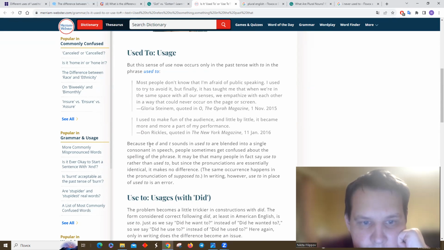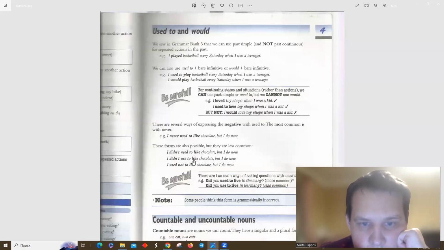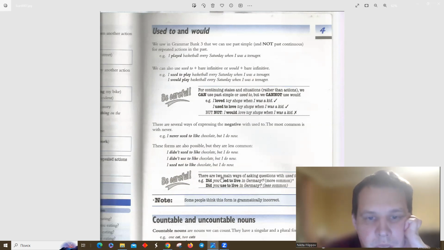And people are saying that the vowel and consonants of this "used" are blended a little bit. So many people can say "use to" rather than "used to." As you maybe remember, I showed you here. So sometimes people say it like this. So it doesn't matter a lot.